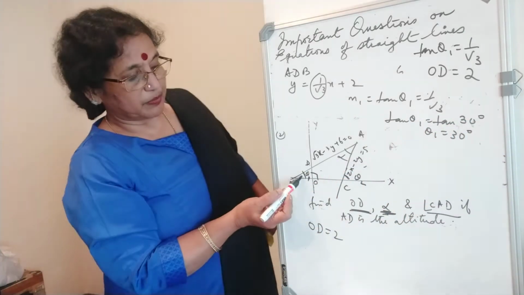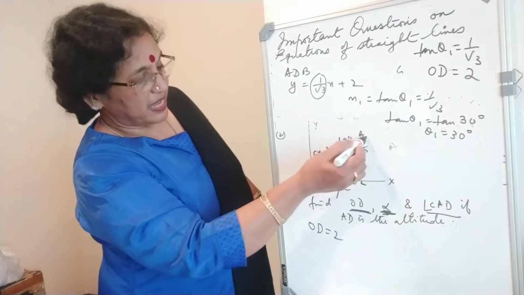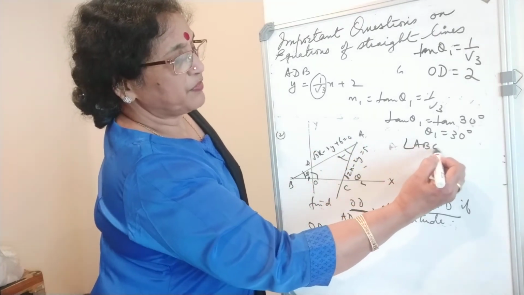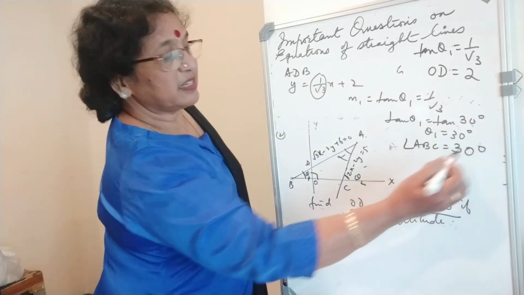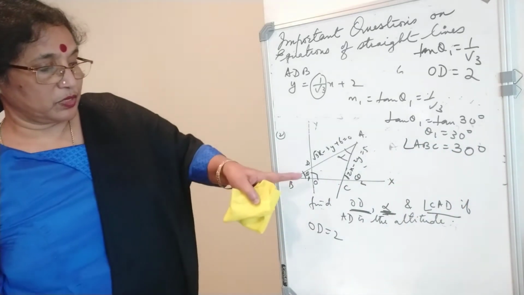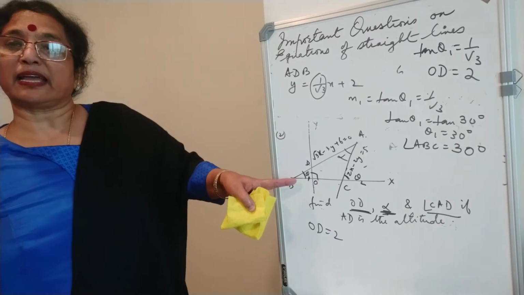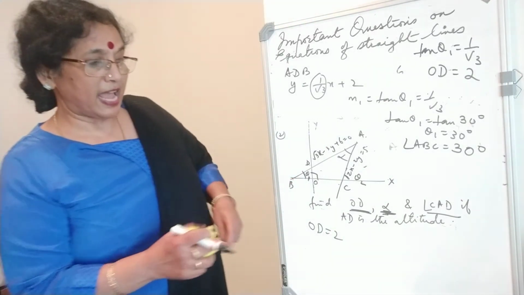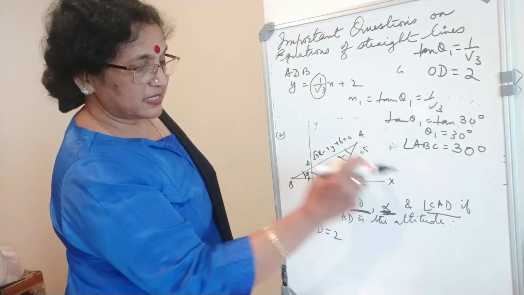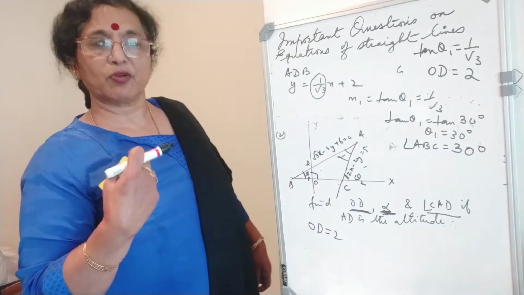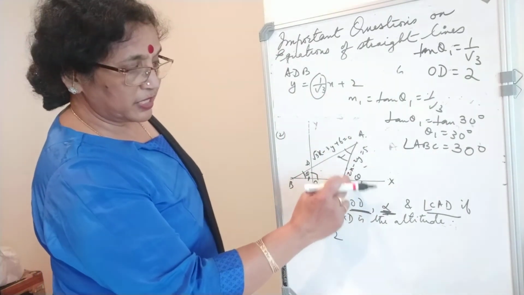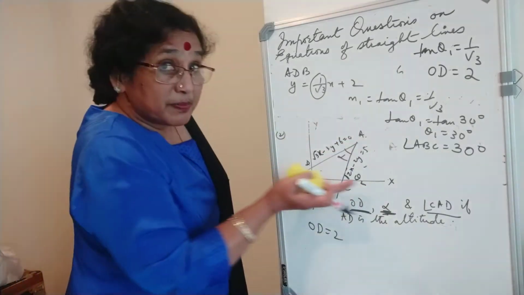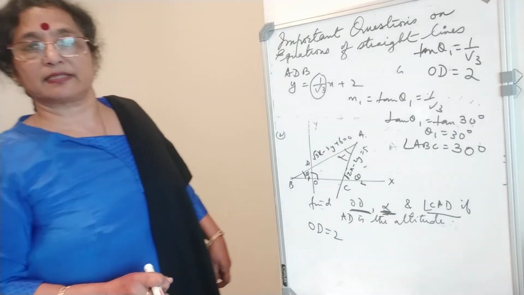So in this, angle ABC, angle ABC from the figure is 30 degrees. Okay, in the triangle ABC, angle ABC is 30 degrees. Now I will find the angle for AC. Here this is theta 2. So this is the inclination of AC with the positive direction of the x-axis.